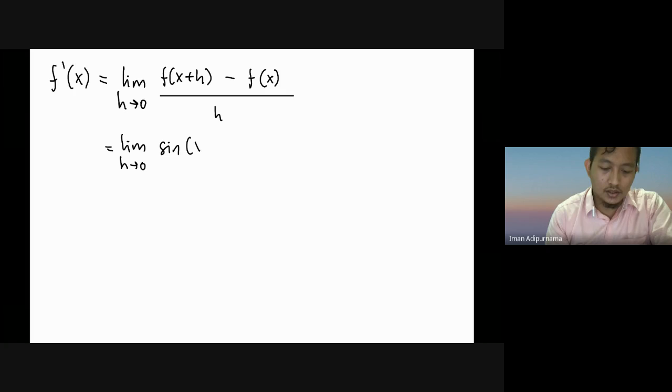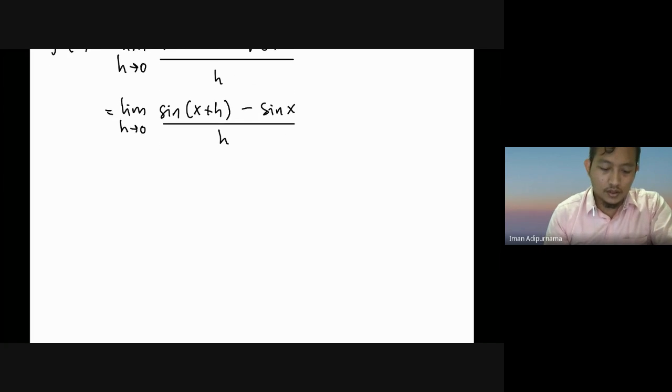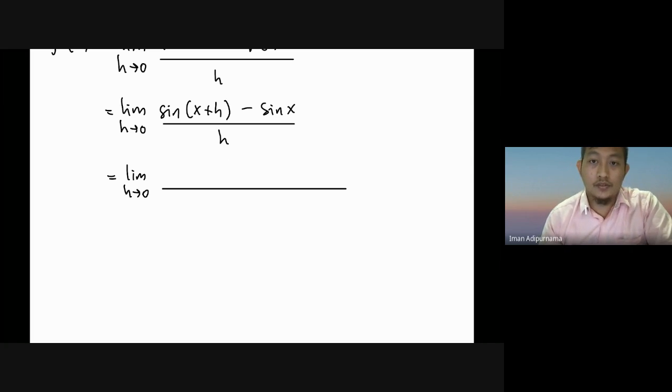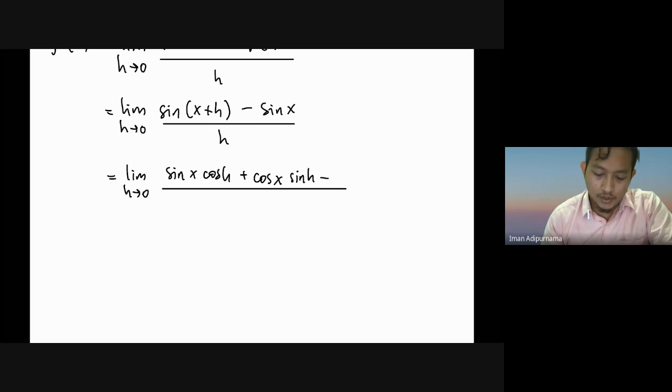So it will be sine of x plus h, and then minus sine x. Then we use a trigonometric formula: sine of x plus h is sine x cos h, I hope you still remember, plus cos x sine h, and minus sine x, and divide by h.